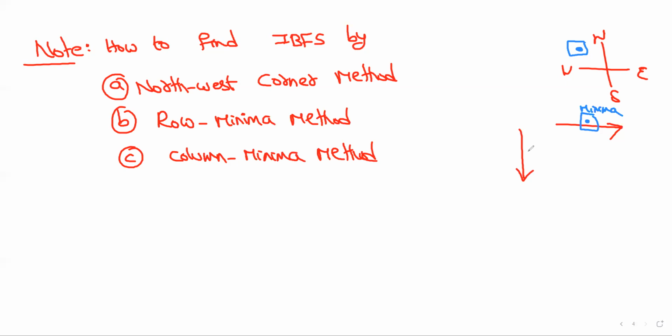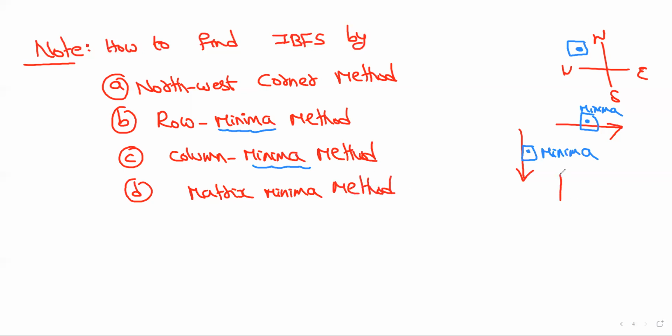In that element again you have to identify minimum element. Row minimum, column minimum, both are minimum only. Next, matrix minimum method. Here also the whole matrix you will take, and again search for the minimum element.